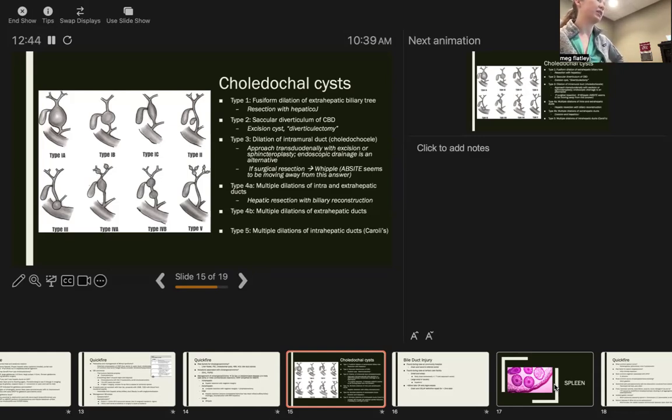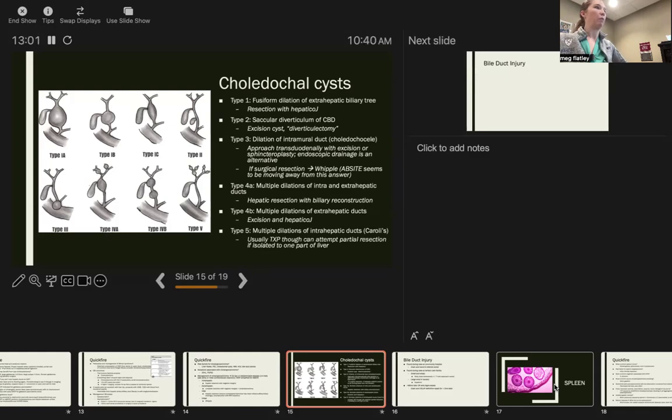If you have multiple dilatations of the extrahepatic ducts, that's also an excision and hepaticojejunostomy, just like we talked about above. And then if you have Caroli's disease or multiple dilations of the intrahepatic ducts, Gabs, what would you do? Yeah, usually transplant. If this is focal and only a portion of the liver, you could attempt a partial resection. I think the ABSITE would also make that abundantly clear if they were to ask you that.